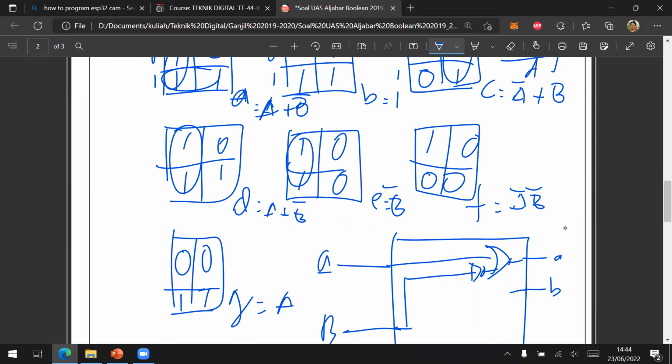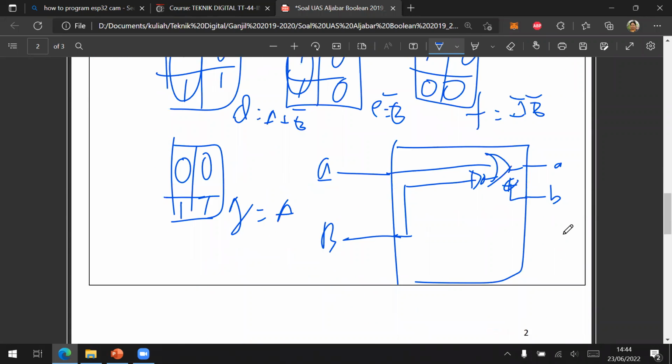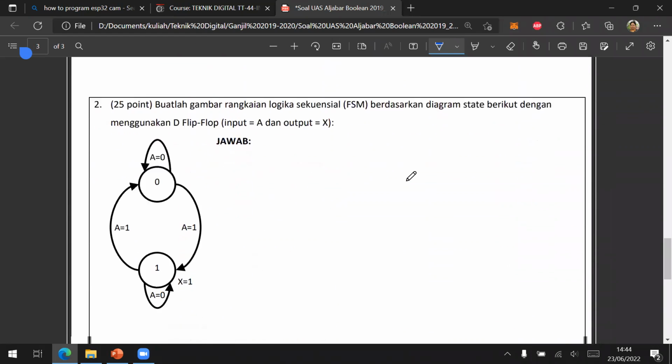B is 1. How about C? C is A naught plus B. You can get to D, E, F, and G. Okay, this is the solution.